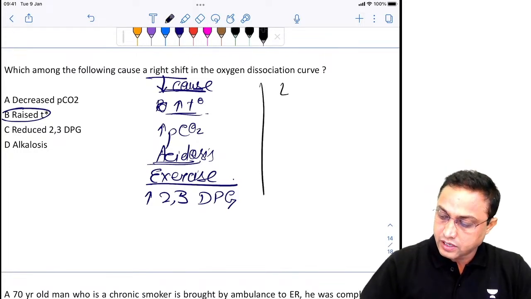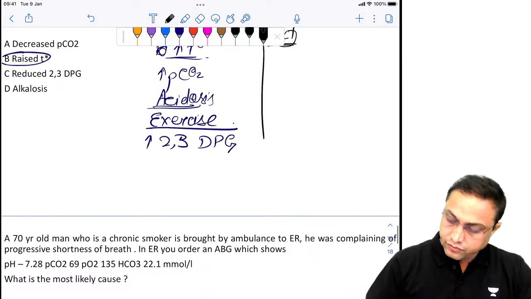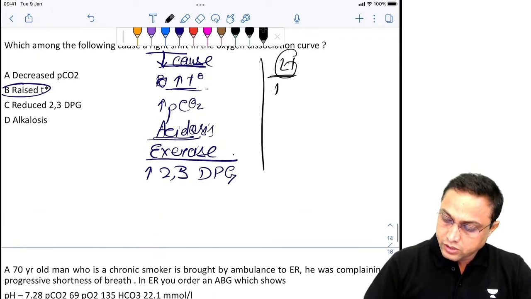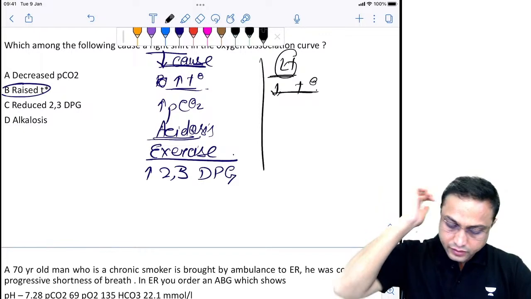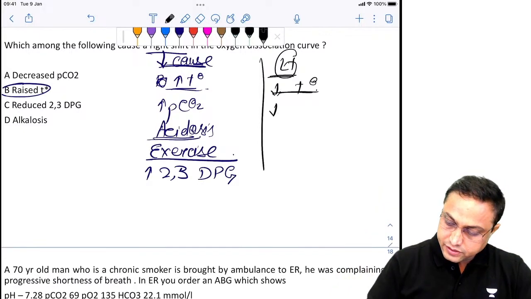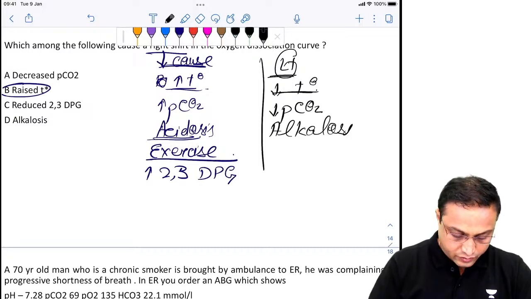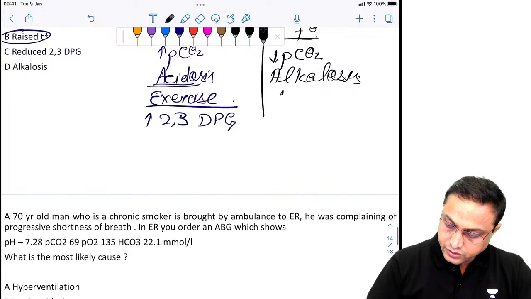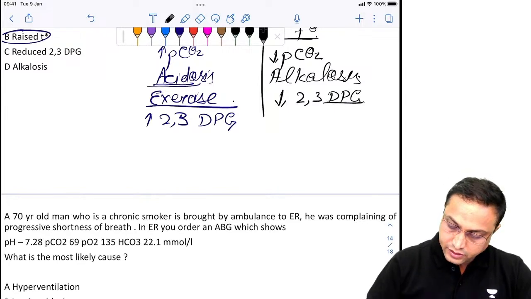Now, left shift. Where do we see this, guys? First of all, reduced temperature, decreased PCO2, alkalosis, decreased 2,3 DPG, right?